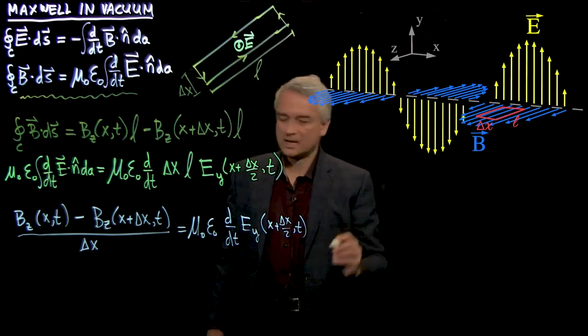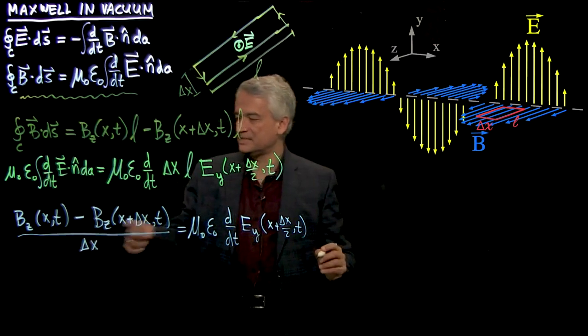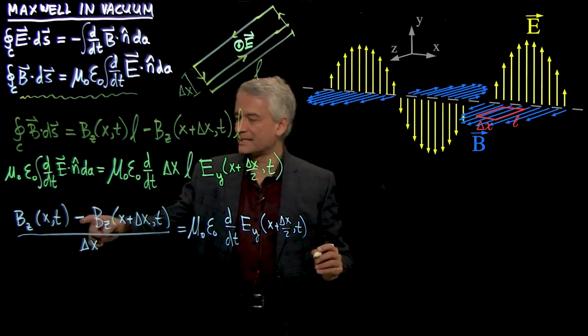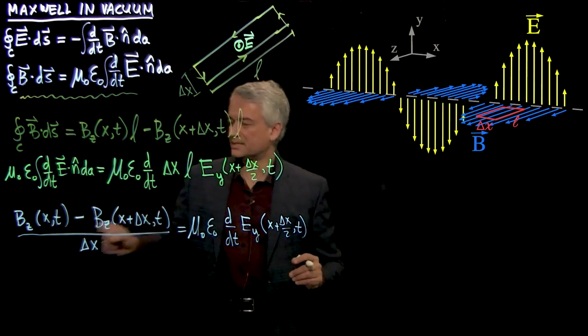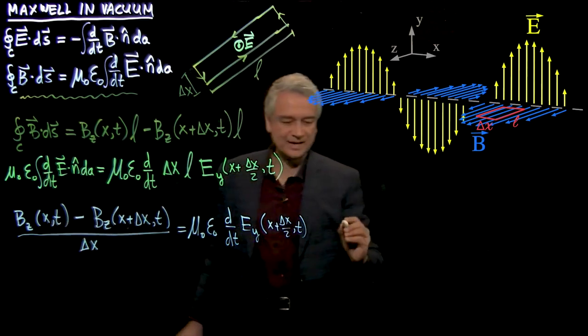It's dBz/dx, except there's a minus sign, because the derivative would be this minus this, and what I actually got was this minus this, so that's minus the derivative.